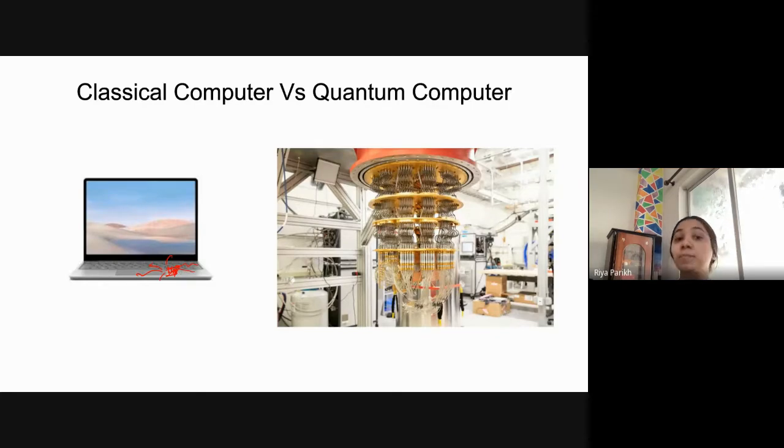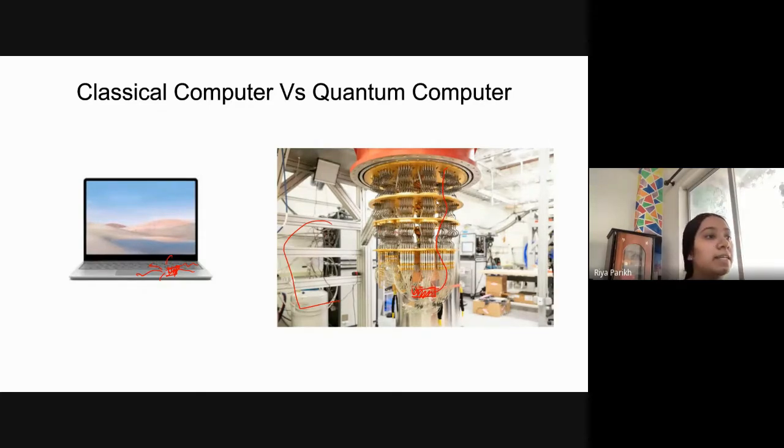But in a quantum computer, the chip sits here. I hope the color is visible. And these are the microwave tubes through which the chip is connected to its processing unit somewhere here above.